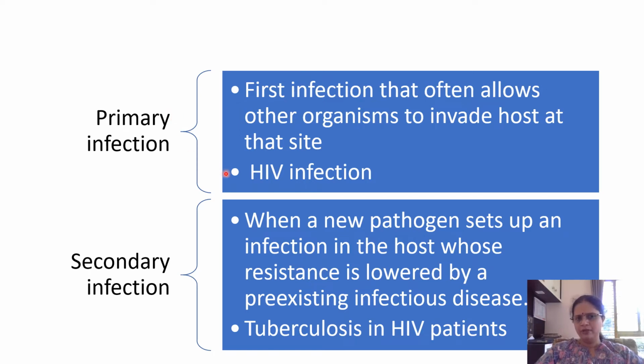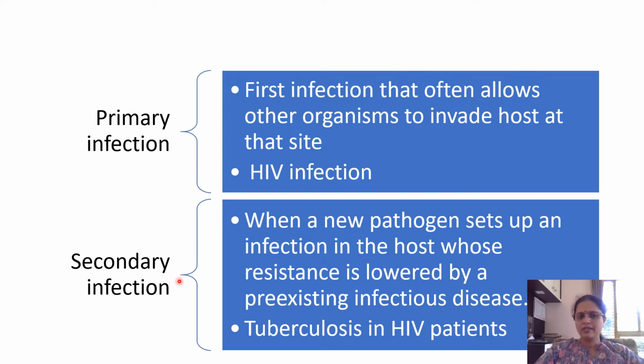For example, HIV infection. See, in a normal healthy human being, the HIV virus enters, it starts growing. Slowly our immune system will start getting affected, and because of this immune deficiency, other organisms will start attacking the human body. So HIV is the primary infection, and other organisms which attack the body later are called secondary infections.